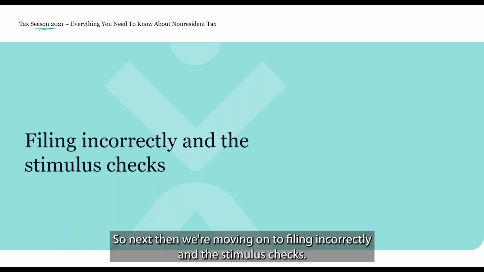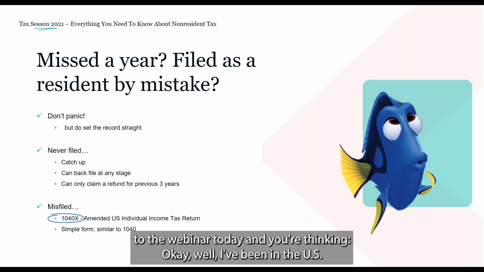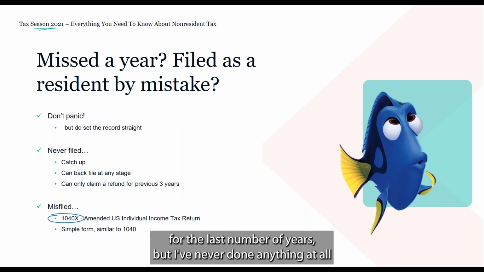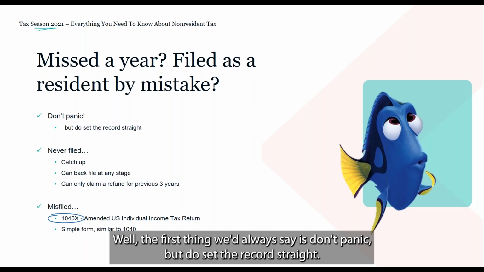So next we're moving on to filing incorrectly and the stimulus checks. I suppose you may be sitting here listening to the webinar today and you're thinking, okay, well, I've been in the US for the last number of years, but I've never done anything at all. Or else I filed last year, but I filed as a resident and I filed incorrectly. Well, the first thing we'd always say is don't panic, but do set the record straight.